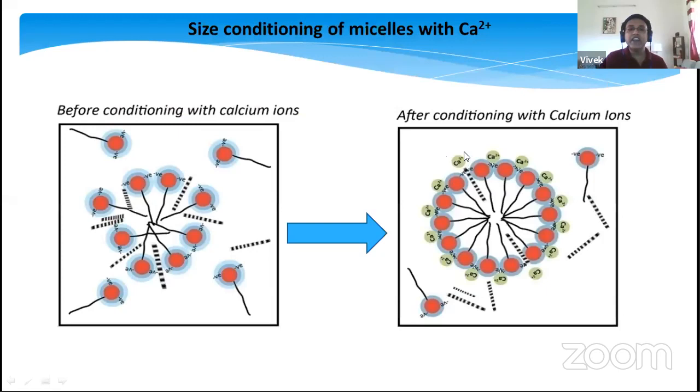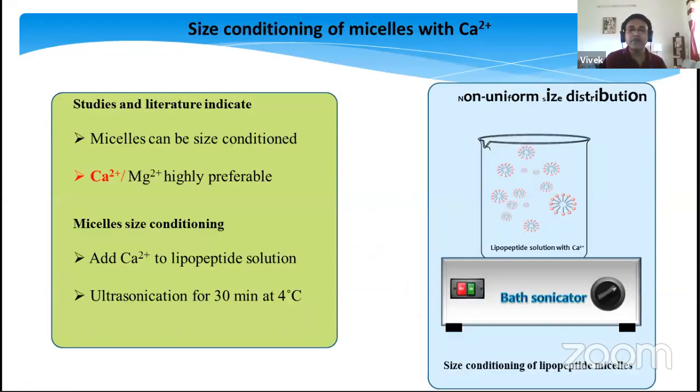You can see the added calcium ions are attached to the COO minus group. So they reduce the electrostatic repulsion between the head groups. Thereby, one can pack more monomers into a single micelle, which is what we were aiming to achieve by calcium ion conditioning of the micelle.